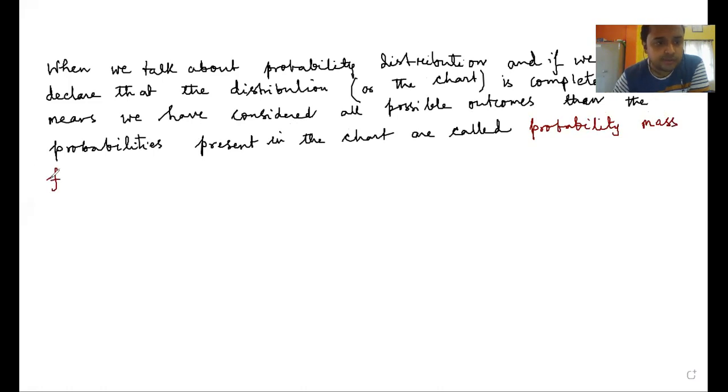Probability mass function, or in short, they are known as PMF.